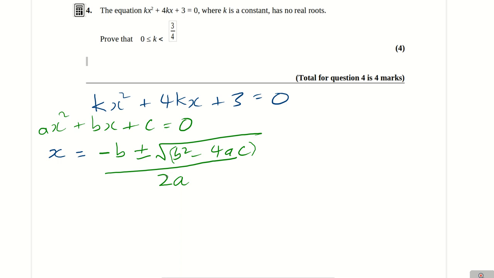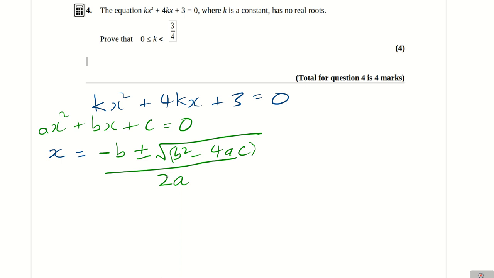But for the moment, we have to say that if b squared minus 4ac is negative, that means there aren't any solutions to that quadratic equation, or in other words, there are no roots or no real roots.